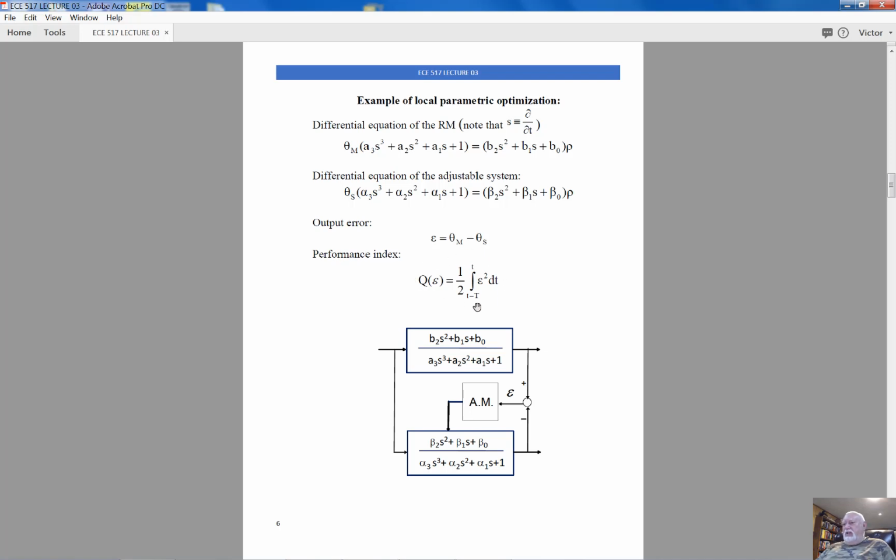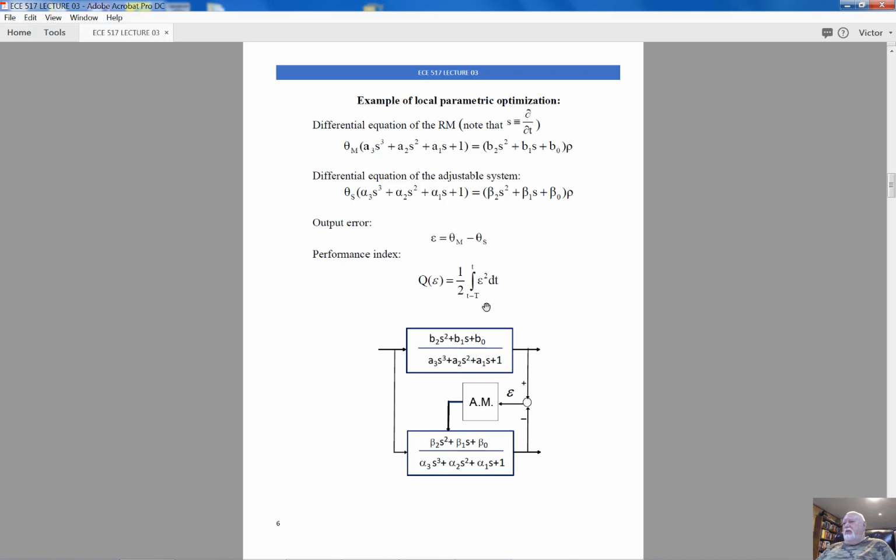The criterion is defined as an integral of the error squared. The meaning of this criterion is very clear. If this criterion is minimized and reaches 0, we can claim that the reference model and the adjustable system have identical responses to the same input.